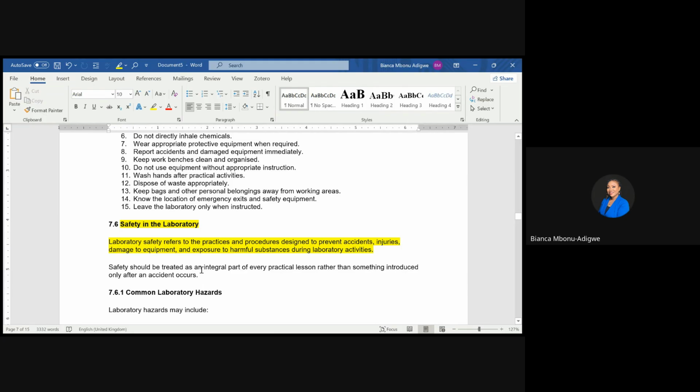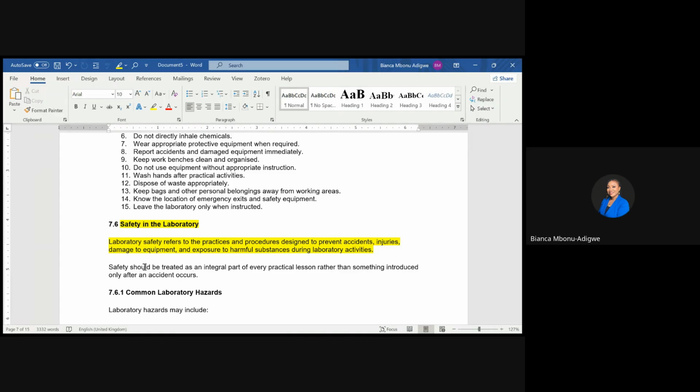That is what we mean by laboratory safety, and it is very important in every practical lesson. In fact, that is why it is advised that you have your lab rules in your lab where everyone can see it, both the teacher and the students. At every point in time, they must see your lab rules.